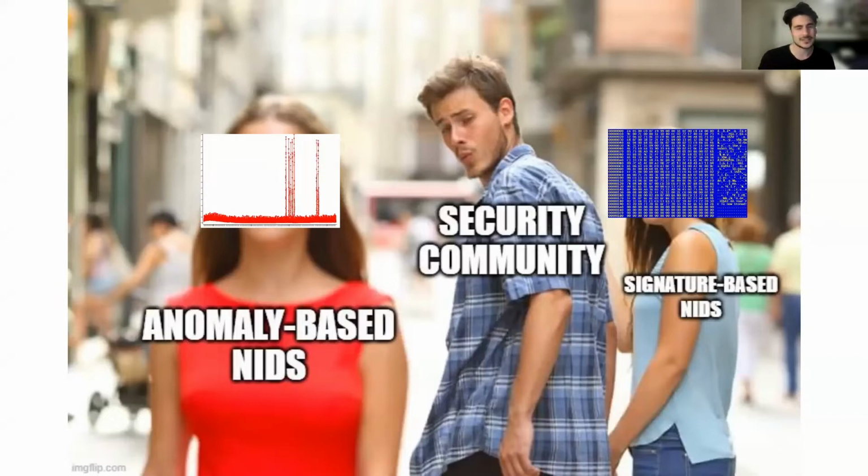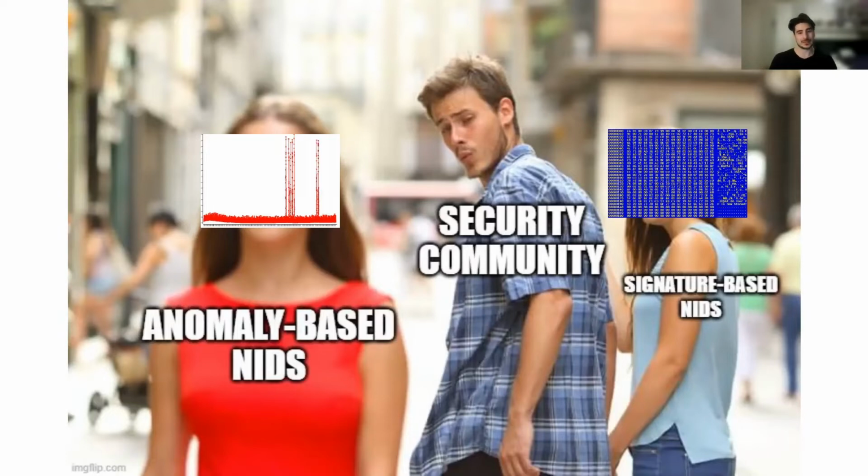Why is it so necessary to phase out these signature-based systems? Because there's a reason why these systems have been part of the foundation of network security for decades already. So we wanted to answer this big why question.